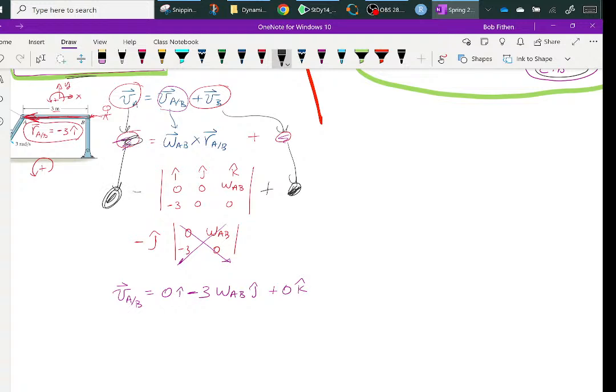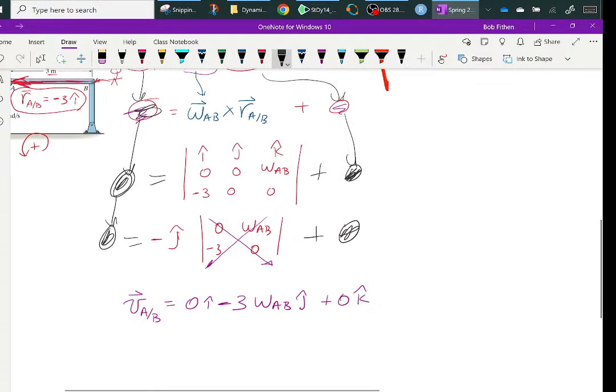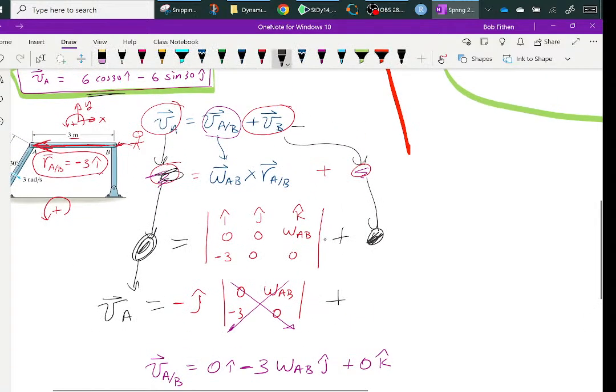This right here equals this right here plus this. Well, what is that? Actually, that is velocity of A, and this right here up here is velocity of B. So I just carried them down. So really I should be better about this.